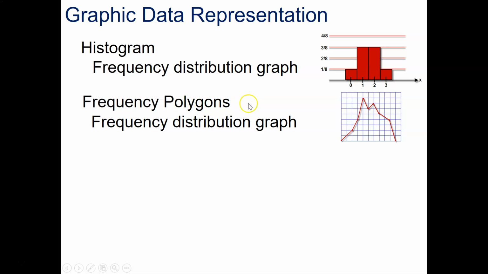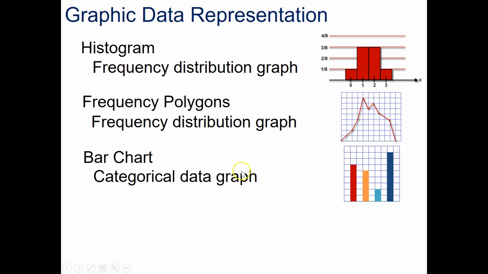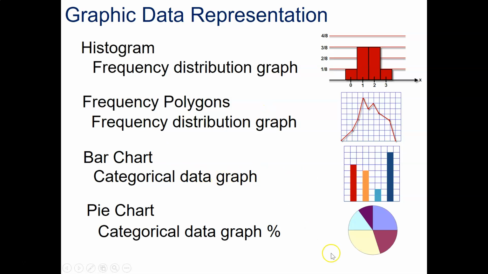You can make kind of like what you would consider maybe to be a line graph of that information. You can make a bar chart or bar graph and a pie graph. I think you've probably seen all those before, but there are lots of different ways to represent data. We're going to focus on histograms primarily, but hopefully none of those are foreign.